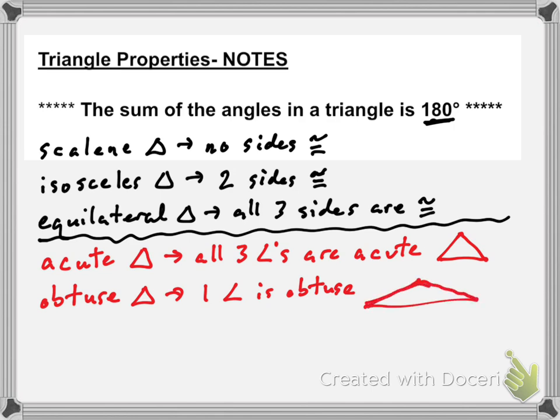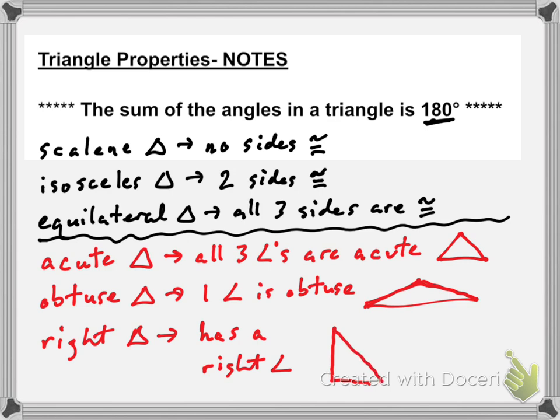You see the obtuse angle right there. And then obviously a right triangle has a right angle. We all know what that looks like. We've been dealing with right triangles forever. So somewhere in your notes, get that, because that's really important. I forgot to include that.